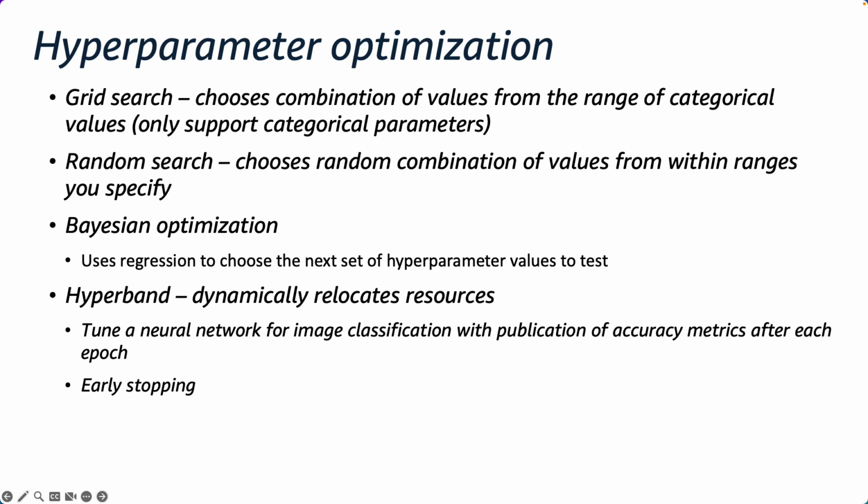When using grid search, hyperparameter tuning chooses combinations of values from the range of categorical values that you specify when you create the job. But only categorical parameters are supported when using the grid search strategy.